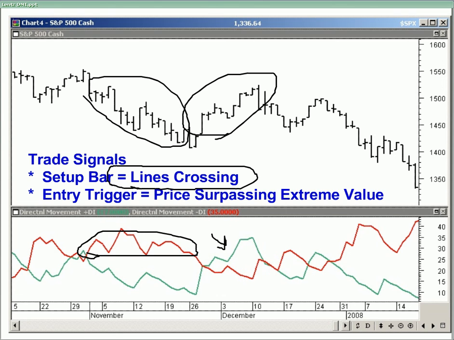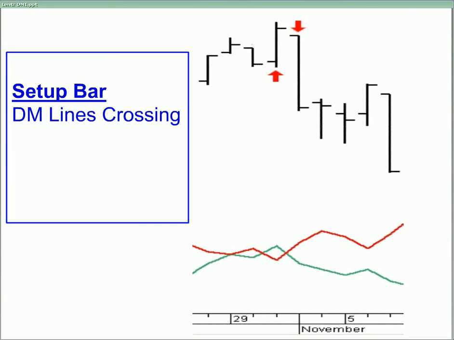But we first must have a setup bar that occurs when the lines cross. When the lines cross, we get a setup bar. Then we wait till the next day. If price surpasses the extreme value, then that is our entry trigger. That's when we jump in right there. I'm making a mess of this. Sorry about that. Okay, so setup bar and an entry trigger.